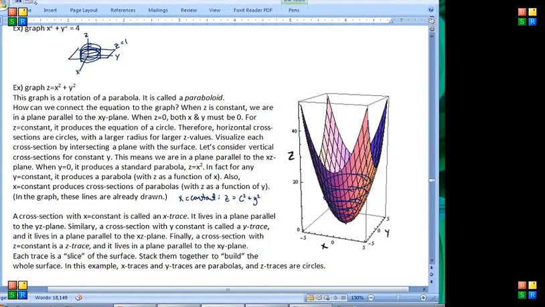Another way to think about it would be to think about the y traces. We could take all the y traces, where you've got this parabola, this parabola, this parabola, and of course also the parabolas on the back side as well. And then you could stack those together in order. In a sense, that's also another way to build the surface.